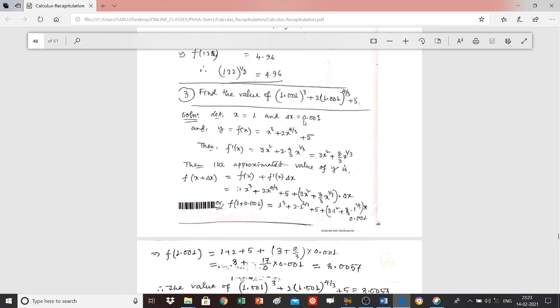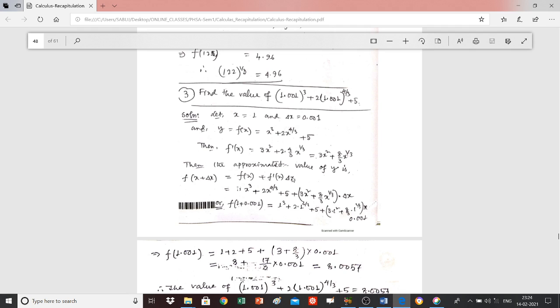The function f(x) is x^3 + 2x^(4/3) + 5. So f'(x), just differentiating, is 3x^2 + (8/3)x^(1/3).